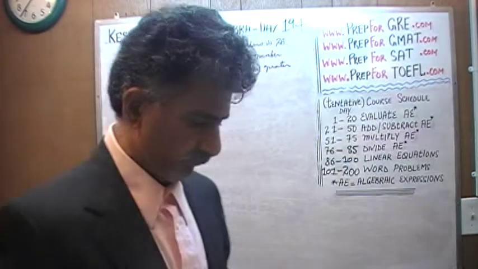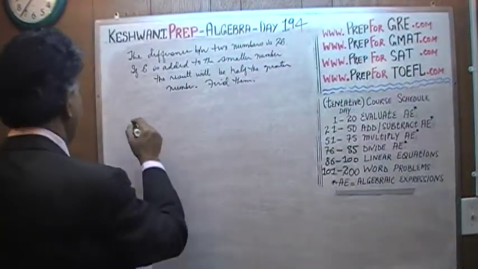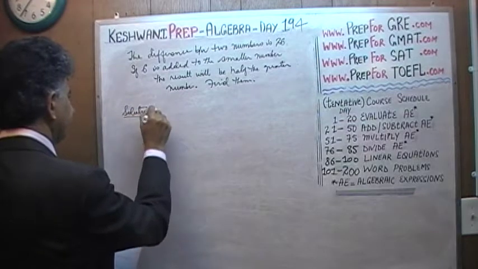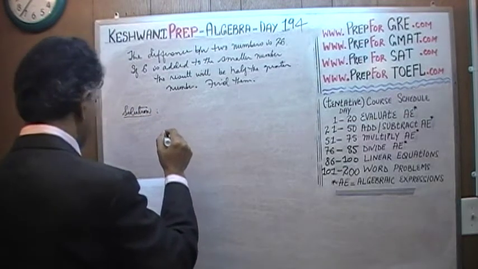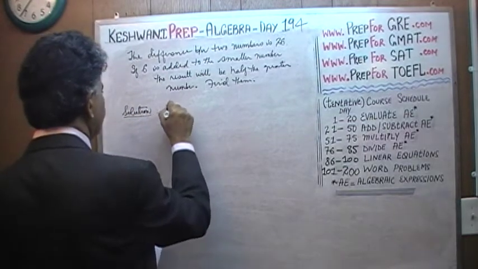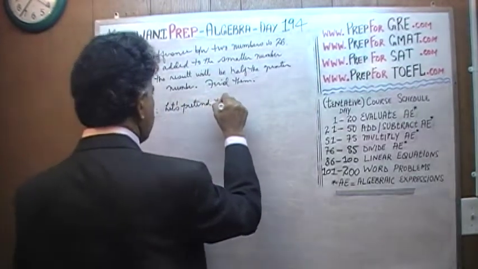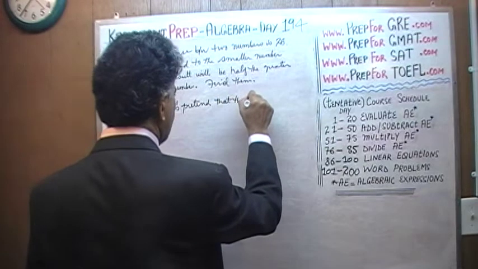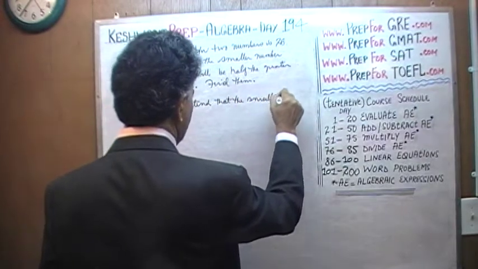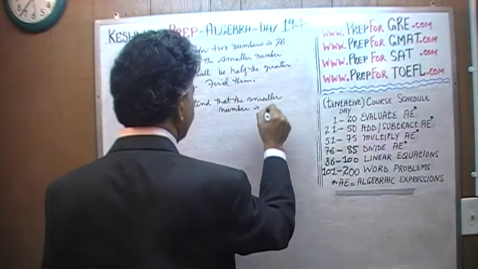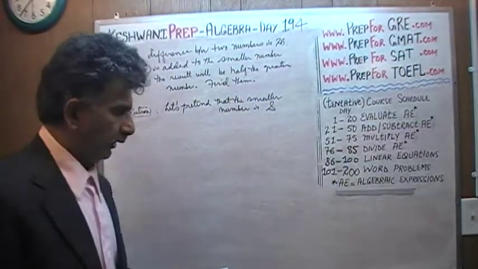Okay? So here's the solution. Let's pretend that the smaller number is S. S for small number.